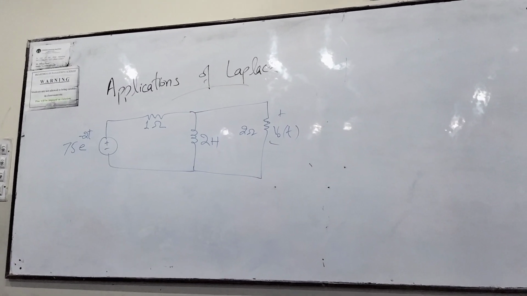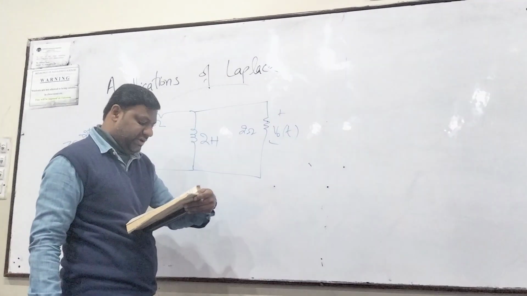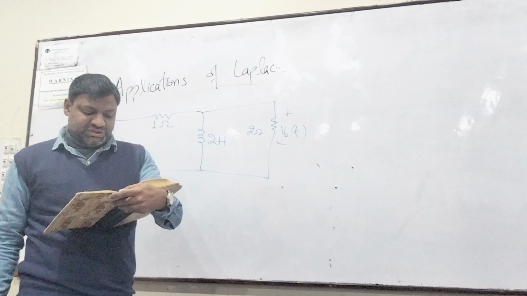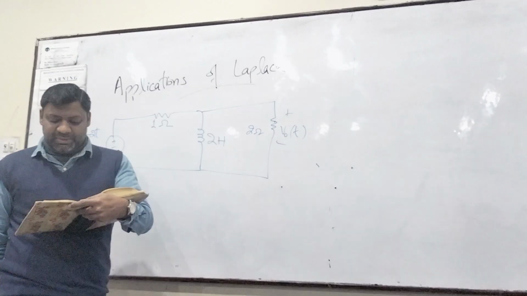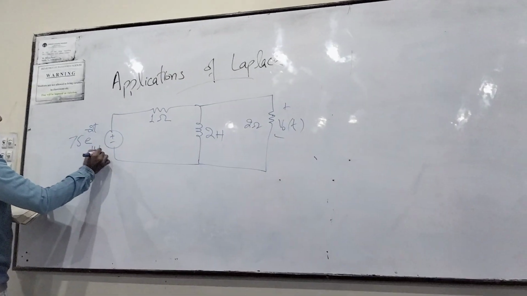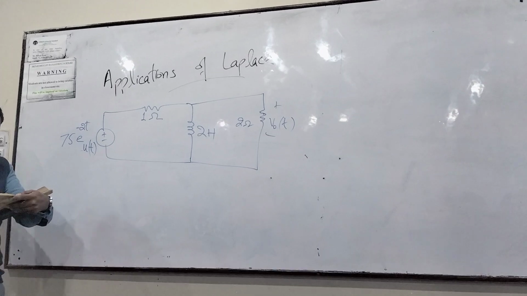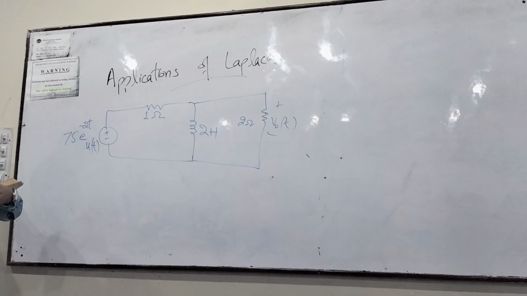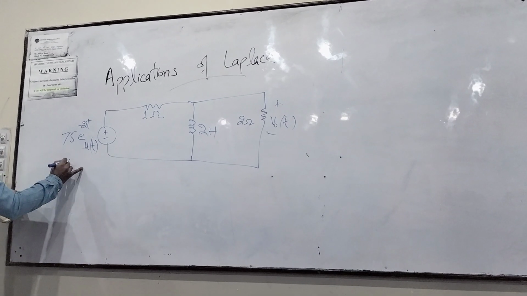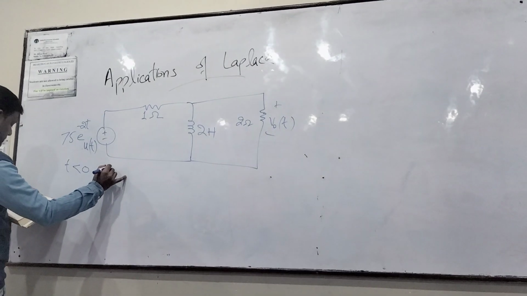Find out V naught of t in the circuit shown in figure 16.9. Note that since the voltage input is multiplied by U of t, the voltage source is a short for all t less than 0.